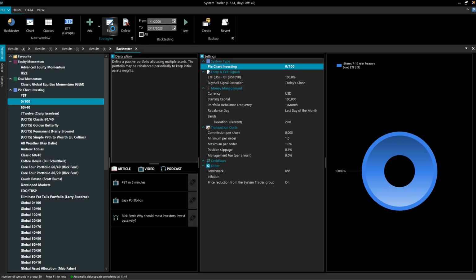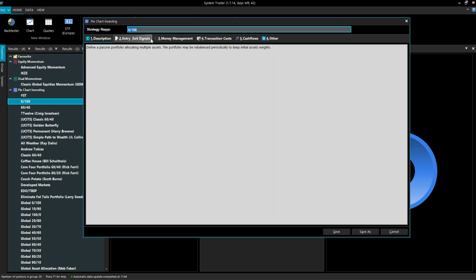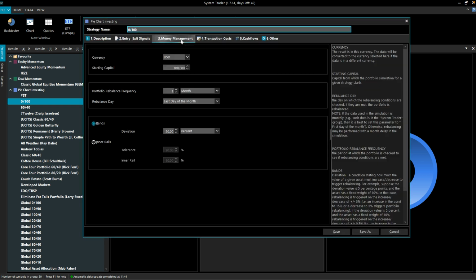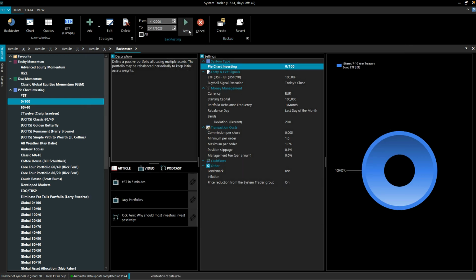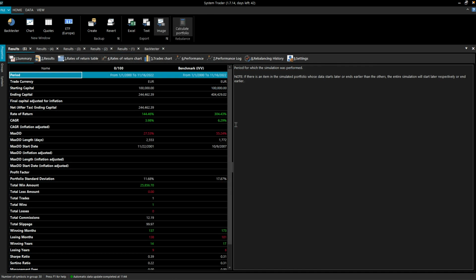What if, for example, we are located not in the United States, but we have a euro currency? Then we see a portfolio a bit different than, for example, a person living in the United States where USD is used. And here we go.